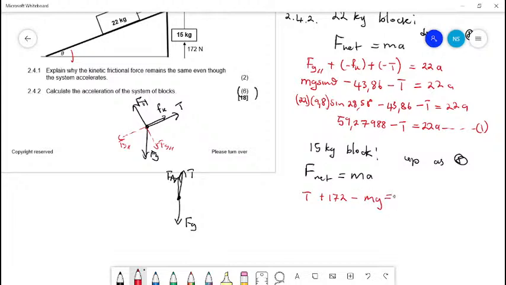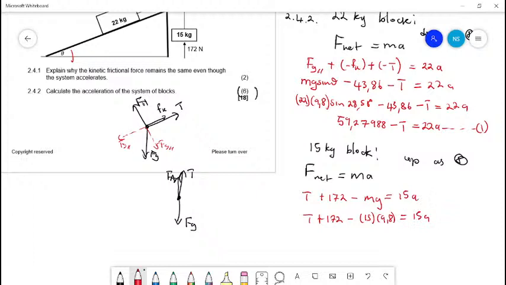Mg equals to, the mass is 15, times acceleration. So our tension is unknown, and then we know T plus 172 minus 15 times 9.8 equals 15A.